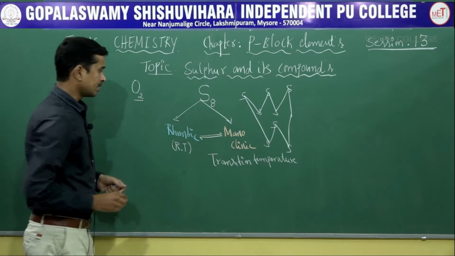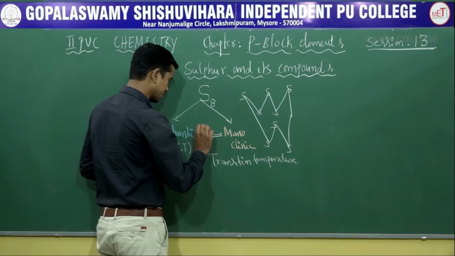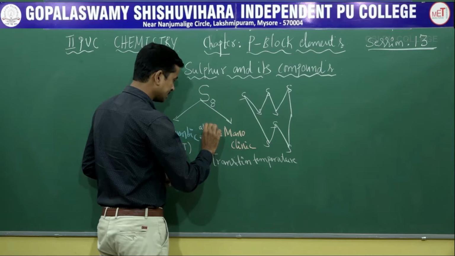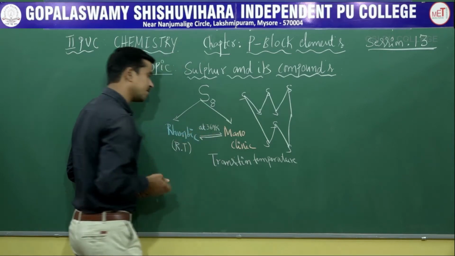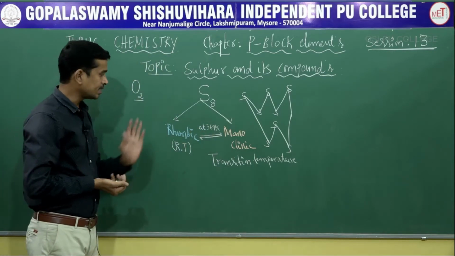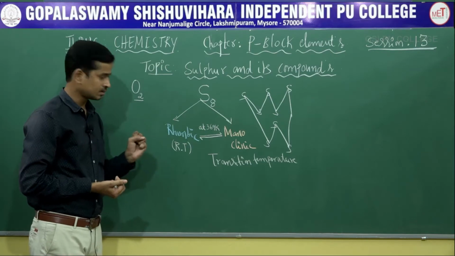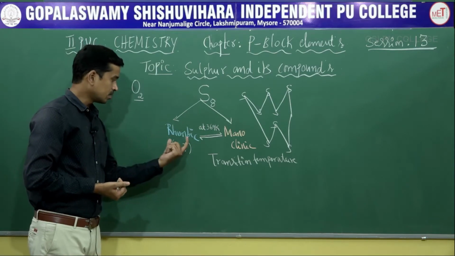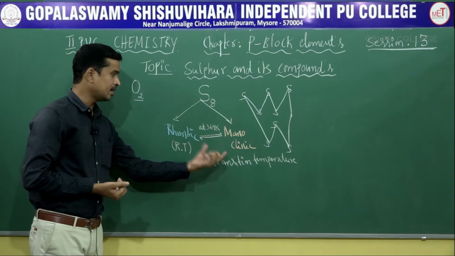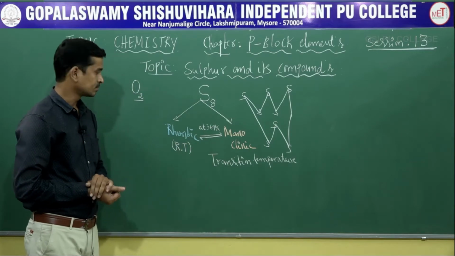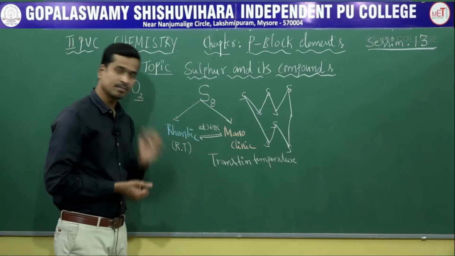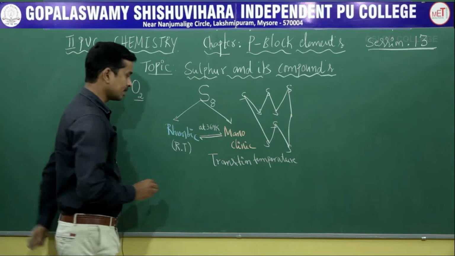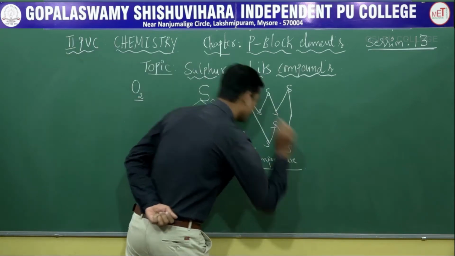That temperature is 369 Kelvin. At 369 Kelvin, both rhombic sulfur and monoclinic sulfur are in equilibrium. That temperature is called the transition temperature.